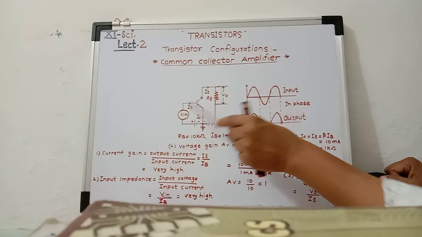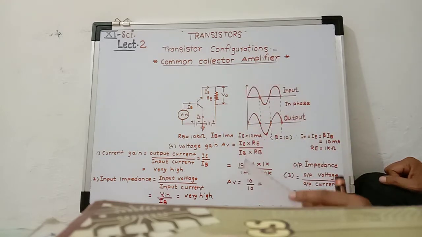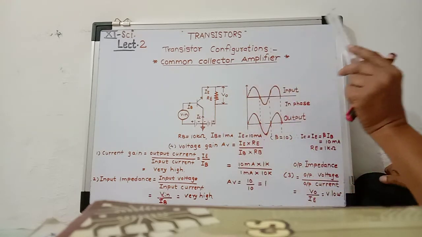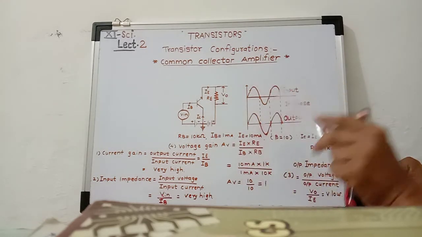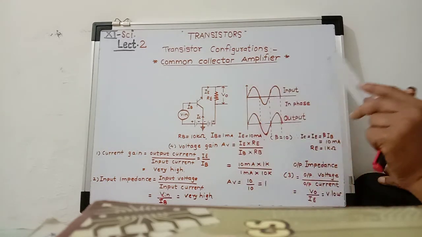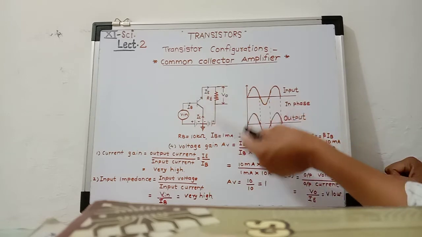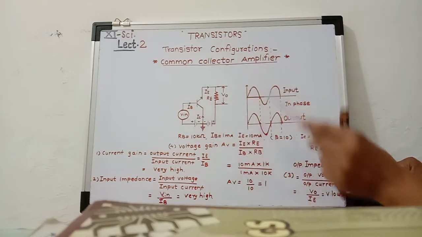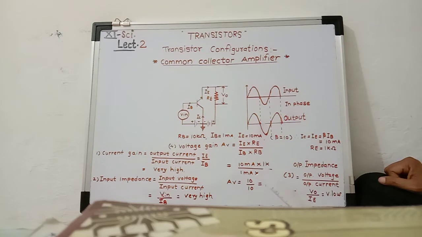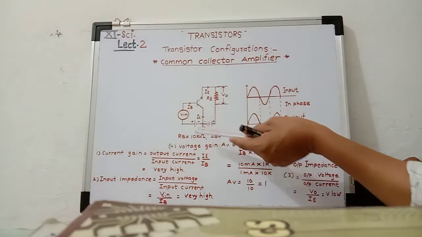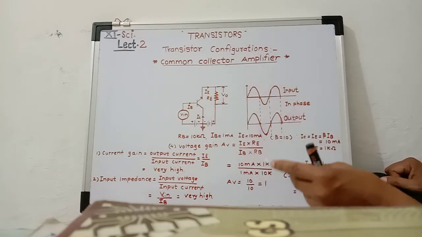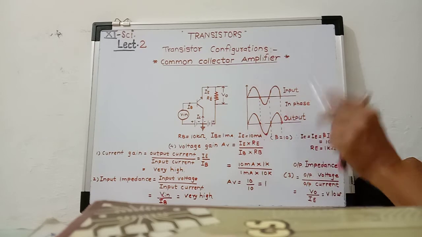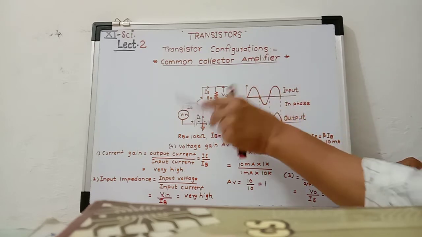Therefore VO upon VI, the voltage gain, is equal to 1, and VO is equal to VI.